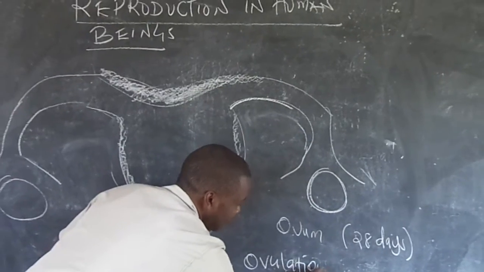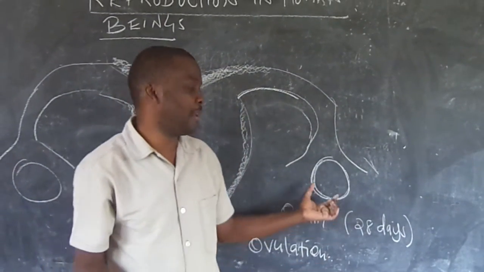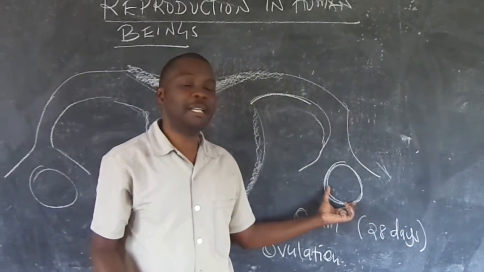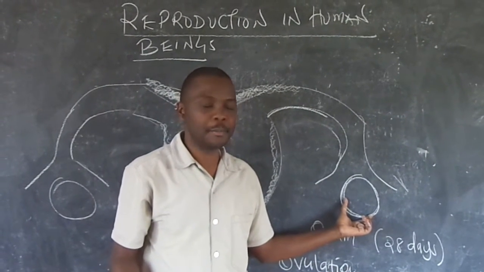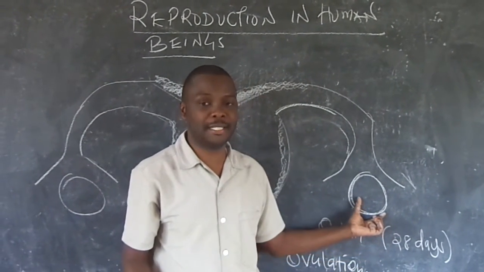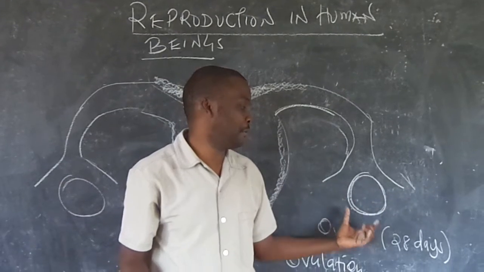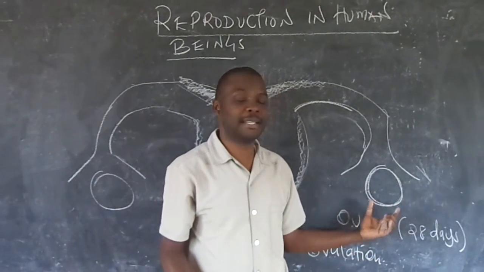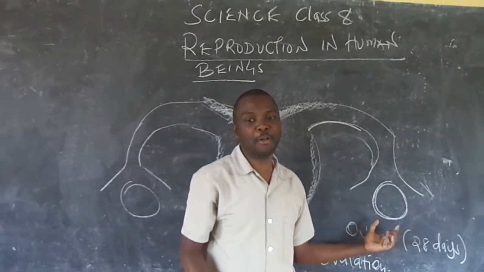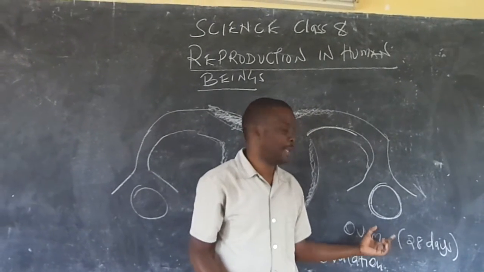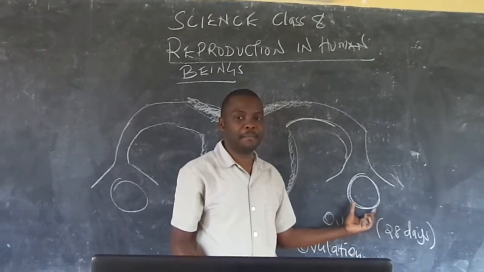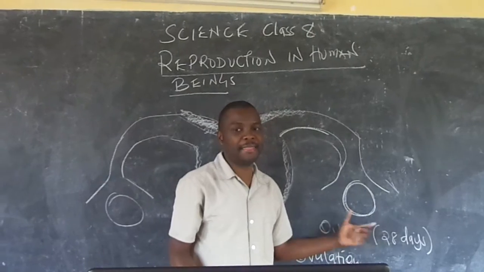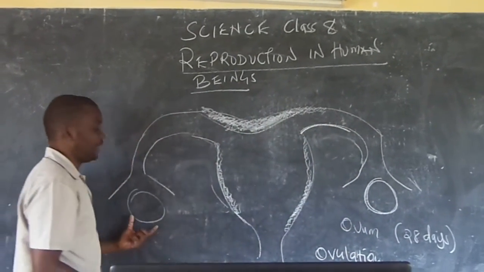Now, the process in which the ovary produces an ovum, we call it ovulation. Ovulation is the process by which the ovary produces an egg. So this one will produce after 28 days. Now, how are the eggs produced? They are produced in an alternating manner, meaning that if the left ovary produces this month, the next month definitely it will be this one.